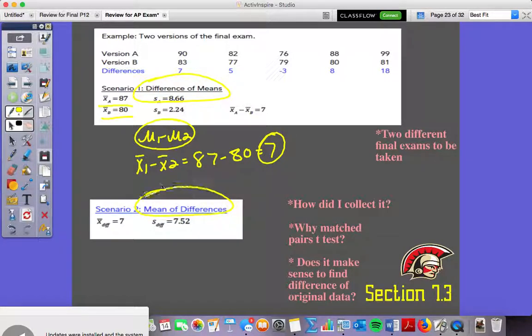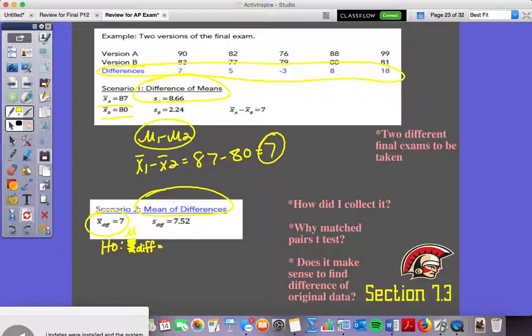The mean of the differences would mean that I'm literally taking just this column, or row, sorry, that row, and finding that the difference would be 7, right? That means that the null would be the x bar diff is equal to whatever we're trying to prove. I'm sorry, this is mu diff, if we're doing a matched pairs t-test.